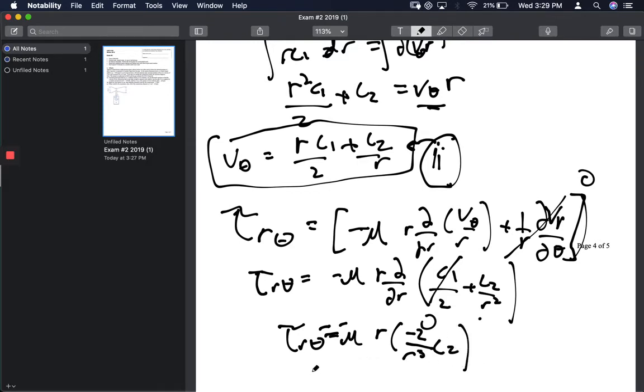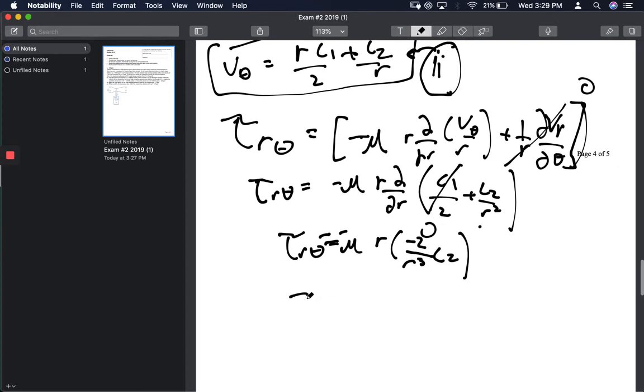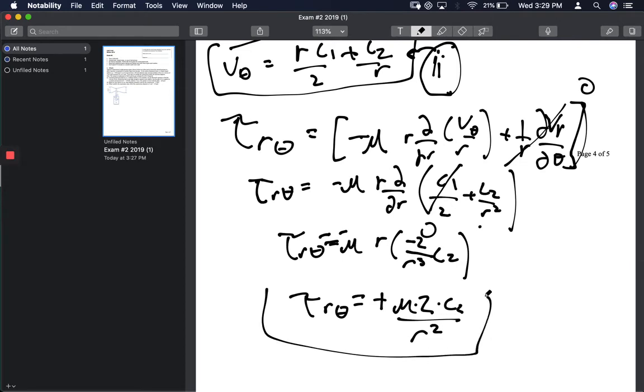And then what we're going to be left with is tau r theta is equal to negative mu, positive mu times 2 times c2 over r squared. Okay, so that's part 1.